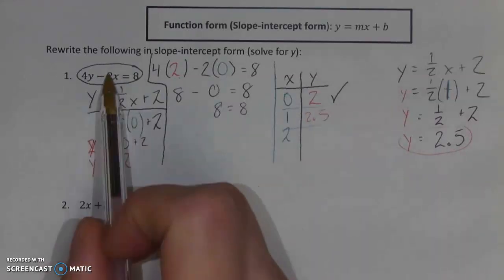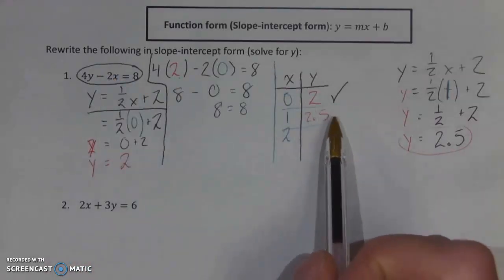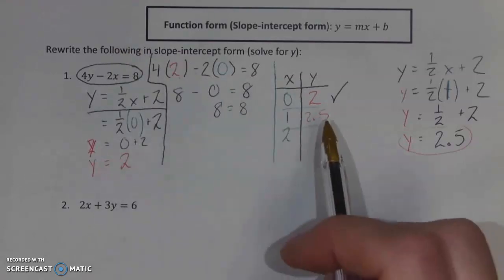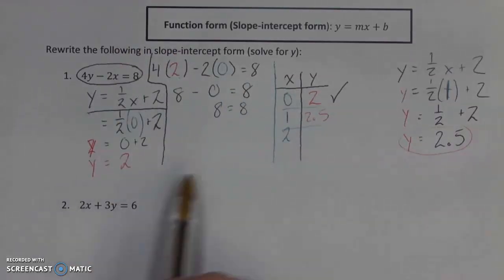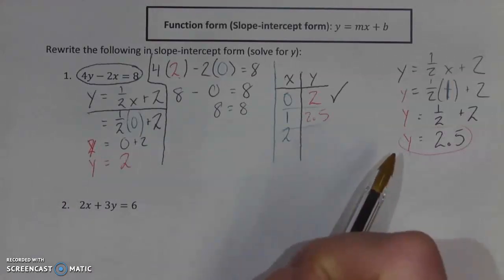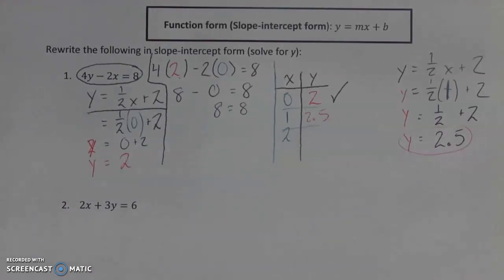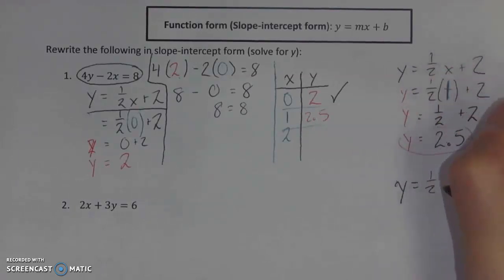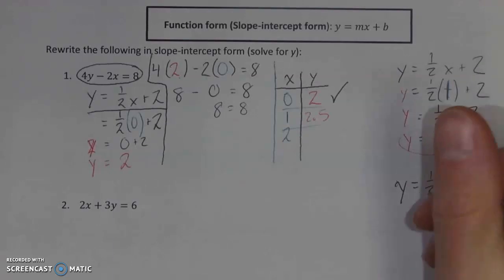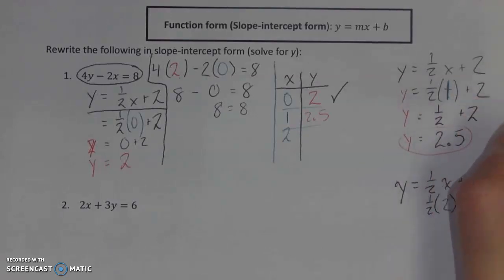Now, I don't need to check this one again because generally, if you have one point that works in both, it's highly unlikely that you solved it wrong. But I still want to do this with one more point, and I'm going to find out what is y when x is 2. So just like before, I'm going to put in my x value of 2, and I'm going to see what y equals.